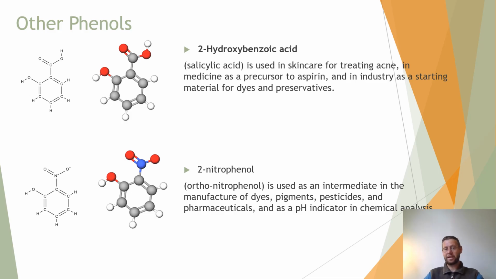It's a precursor for making aspirin, and a starting material for many dyes and preservatives, so very useful in the chemical industry. What about the nitro groups? If we put NO2 onto the ring, then we get something like this, 2-nitrophenol. It's used as an intermediate in the manufacture of dyes, pigments, pesticides, pharmaceuticals, you name it.